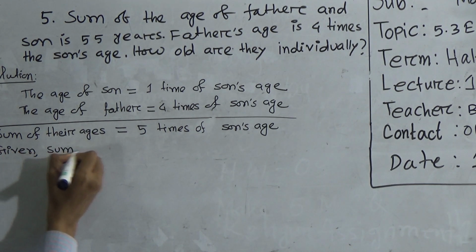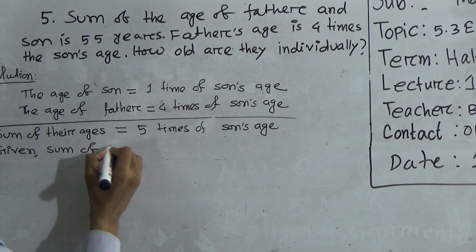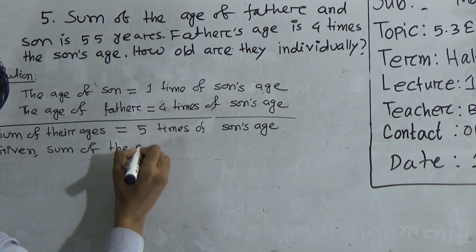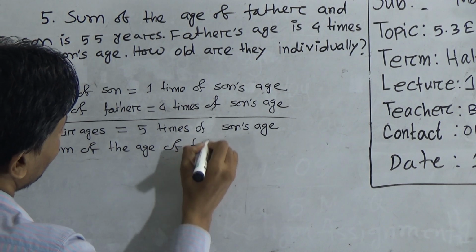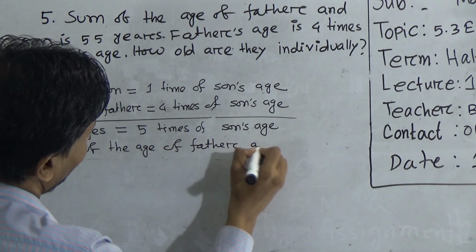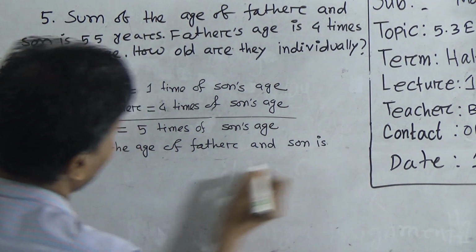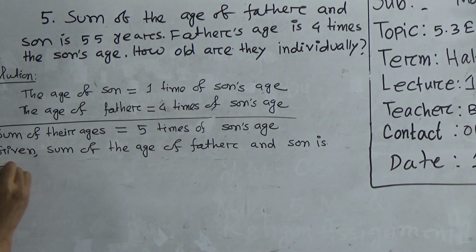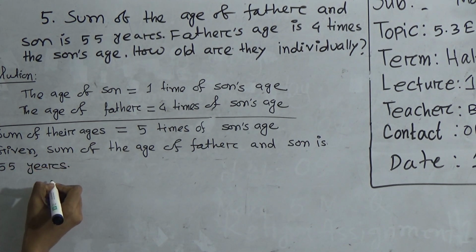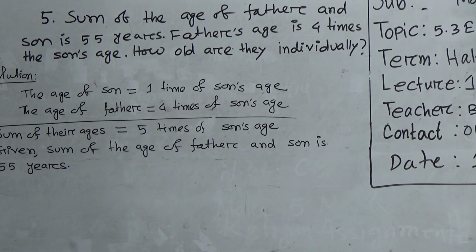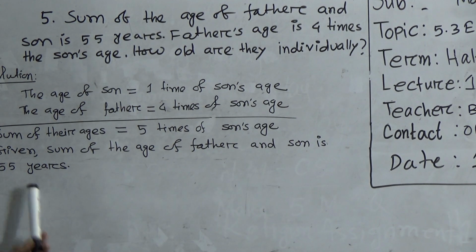Given the sum of the ages of father and son is 55 years. Look, the sum of their ages and the sum of the ages of father and son is 55 years.